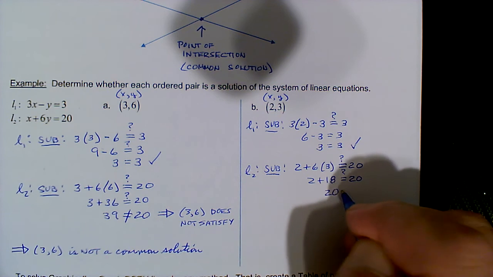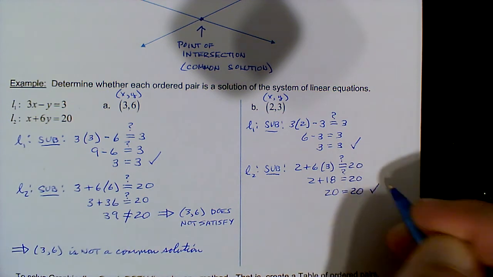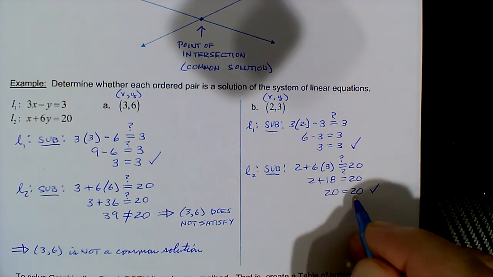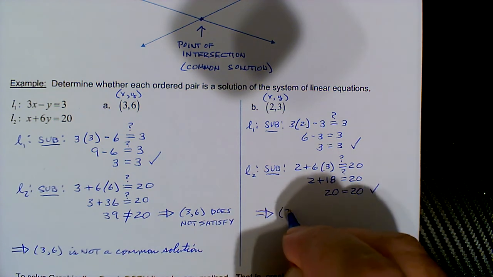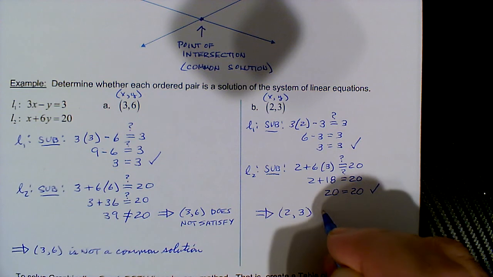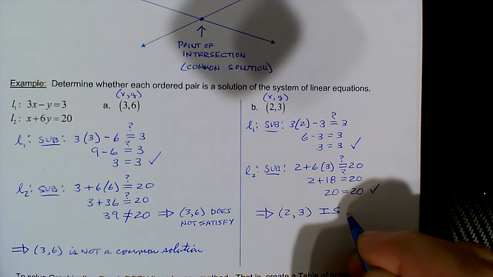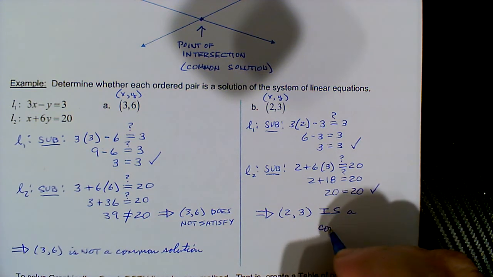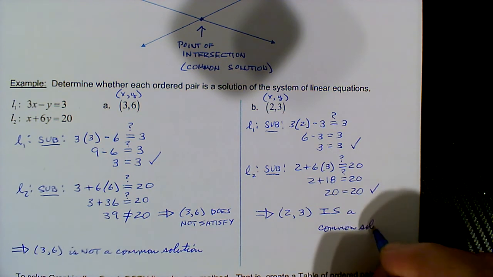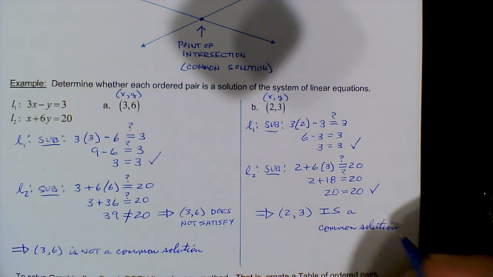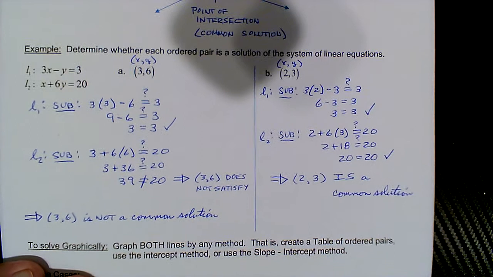And yes, 20 equals 20. So it checks. So that point lies on that line as well. So then we could say that the point (2, 3) is a common solution. Okay, so it has to satisfy both.